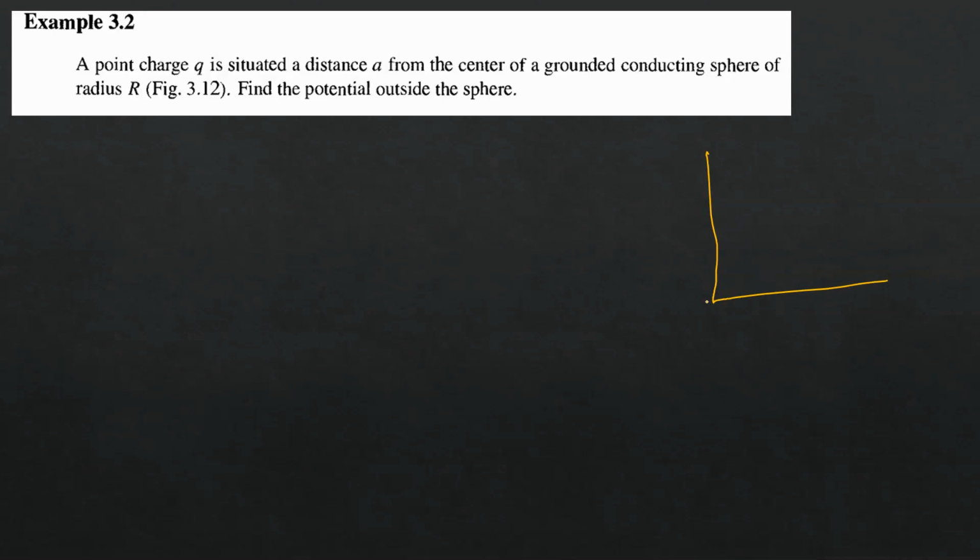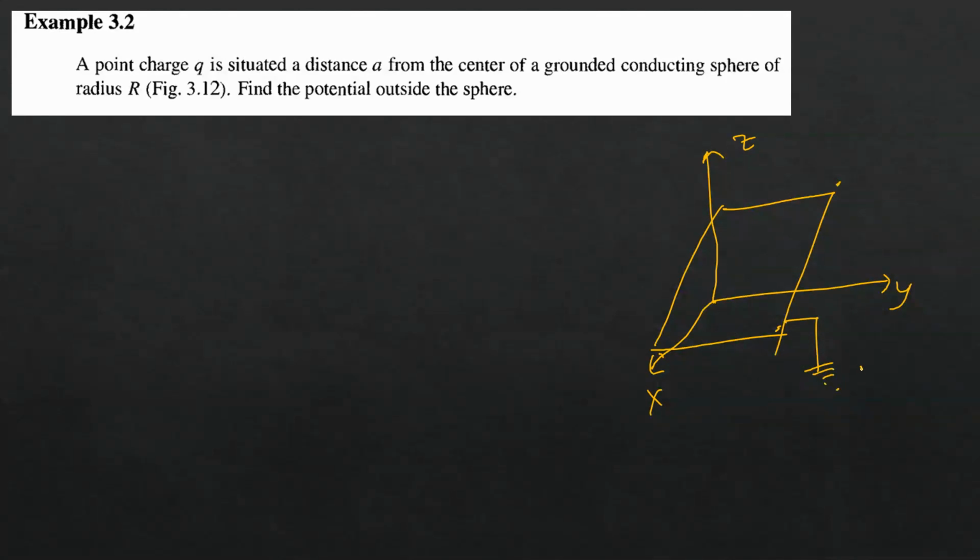Suppose this is your x, y, z. Suppose this is your grounded conducting sphere, V0 for this sphere, at a distance a. Sphere of radius r.